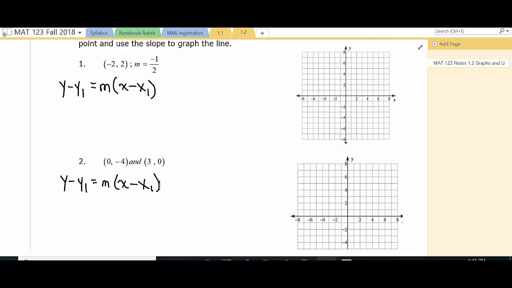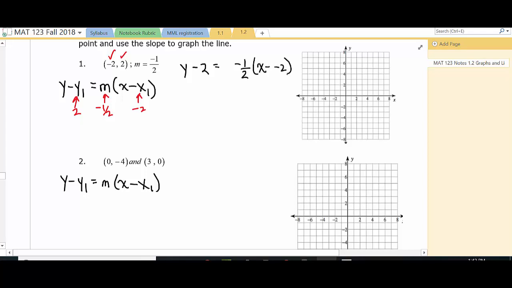Okay, the first problem is just simply plugging everything in. So you have the negative 1/2 goes there, the negative 2 goes for x1, and then the 2 goes there. Now, what a lot of you are messing up on is you're not writing on your paper real clean, and that's why you're making mistakes. So you'd have y minus 2 equals negative 1/2 x minus negative 2.